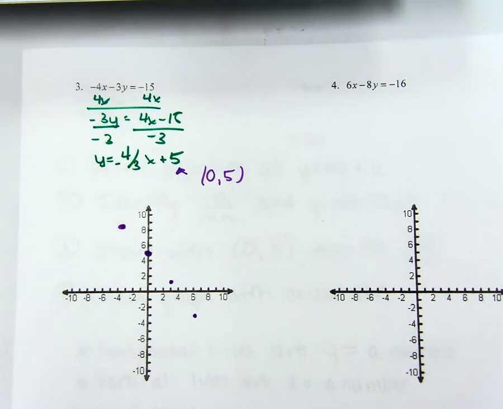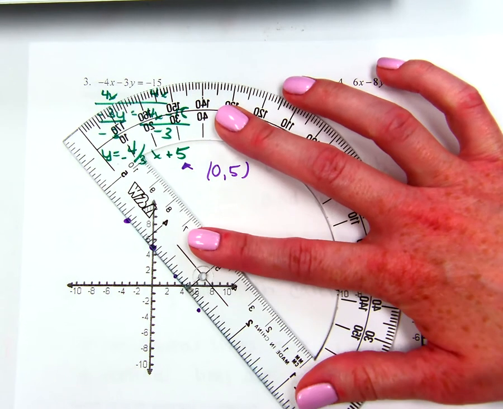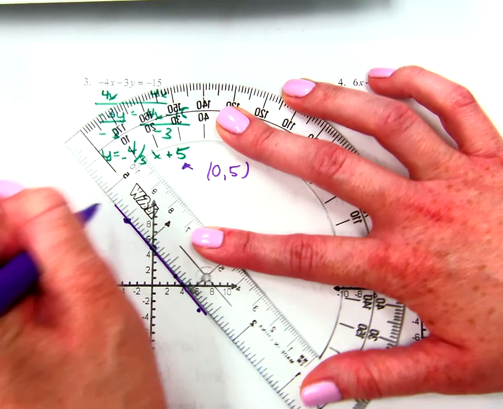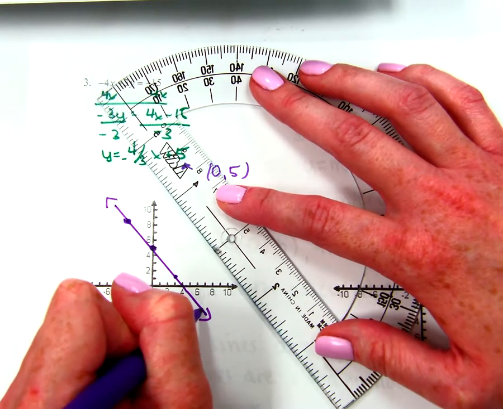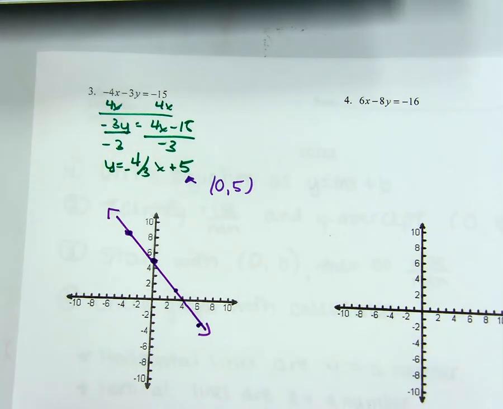Again, grab my straight edge. I don't have an exact grid, so my points might be a little bit off, but you should have grid marks at every intersection.